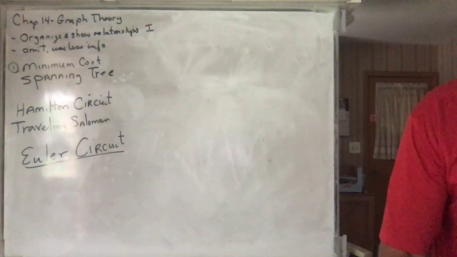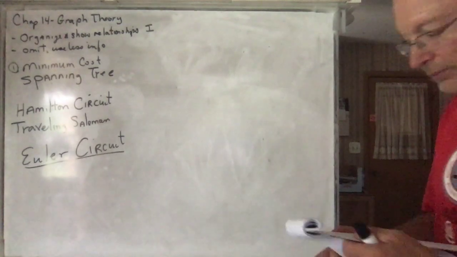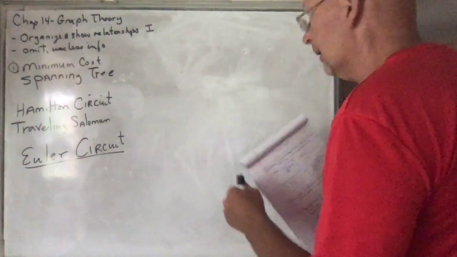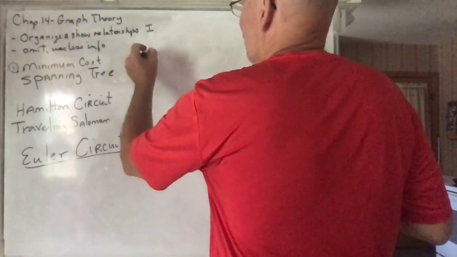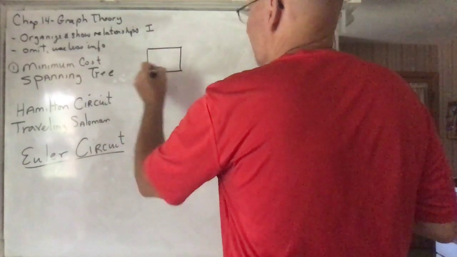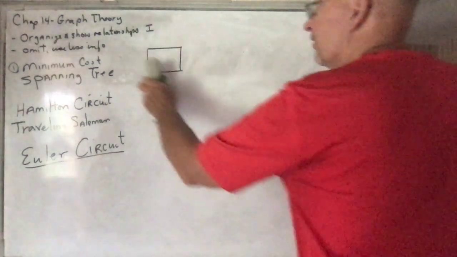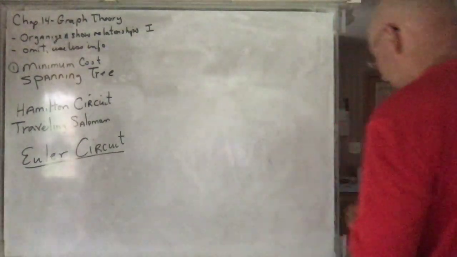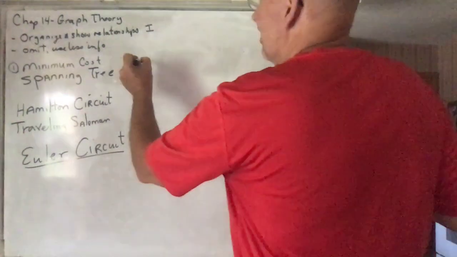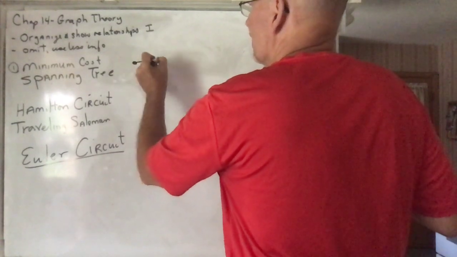We could have kept trying. But let me give you a couple examples of things that either will or won't work, and let's see if we can figure it out. Here's one. Let me start with this one instead. That graph right there.